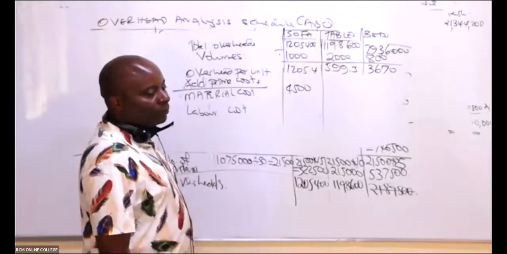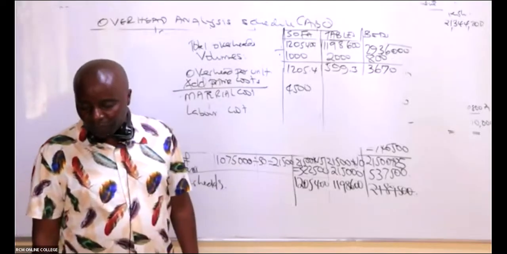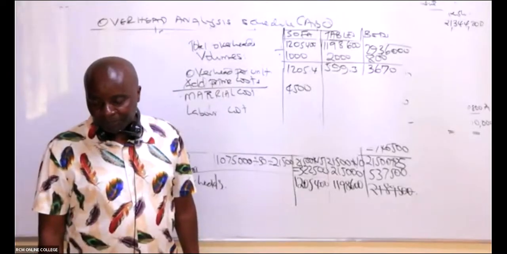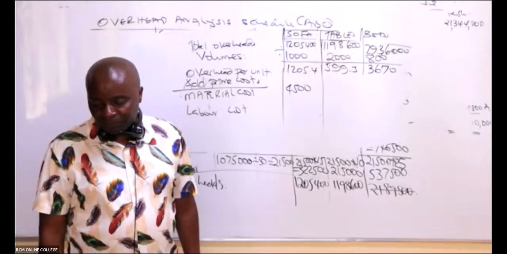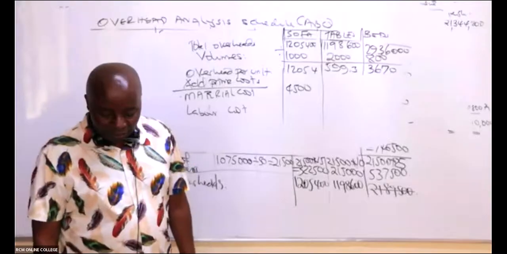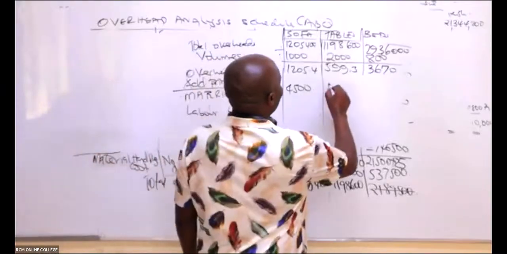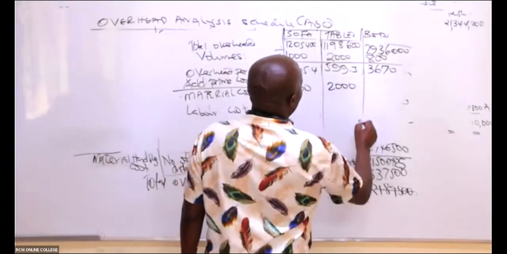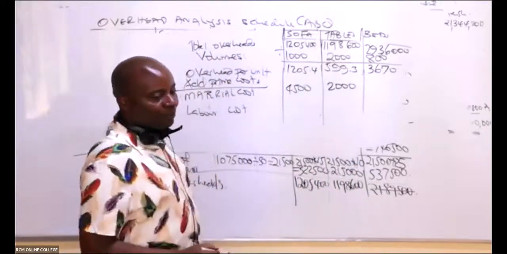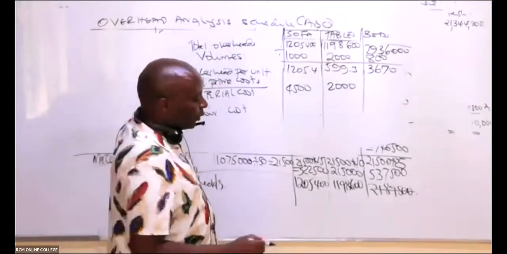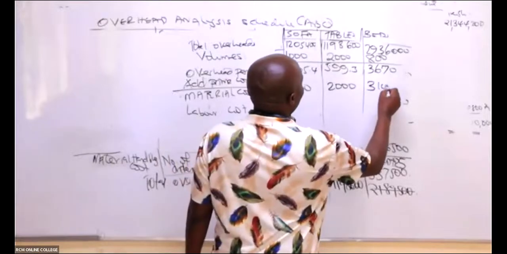Tables, 2,000, right? And then beds, 3,100. Thank you so much.